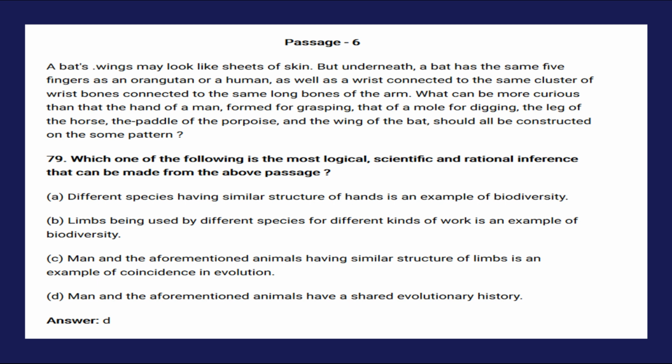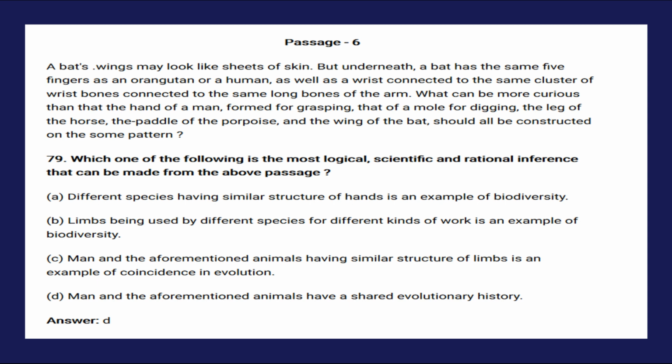Question 79. Which one of the following is the most logical, scientific, and rational inference that can be made from the above passage? Option A. Different species have similar structure of hands is an example of biodiversity. Option B. Limbs being used by different species of different kinds of work is an example of biodiversity.